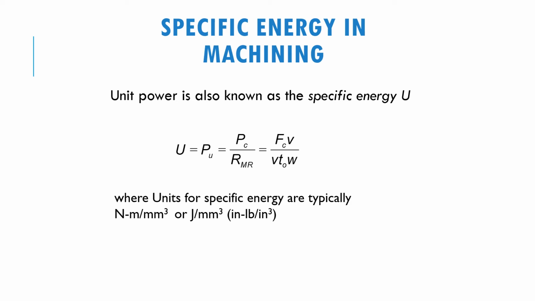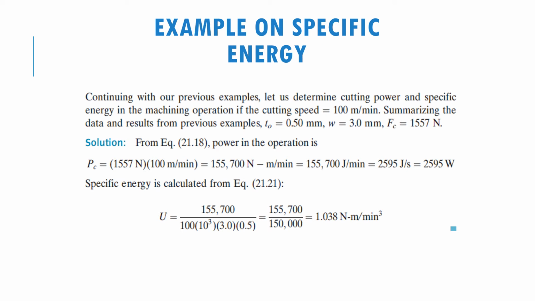The unit for specific energy is Newton meter over mm cubed, or joule per mm cubed. Now let's see an example on specific energy. For example, you are performing a machining operation using a cutting speed of 100 meter per minute, and then the T naught given is 0.5, W is 3.0 mm, and FC equals 1557 Newton.